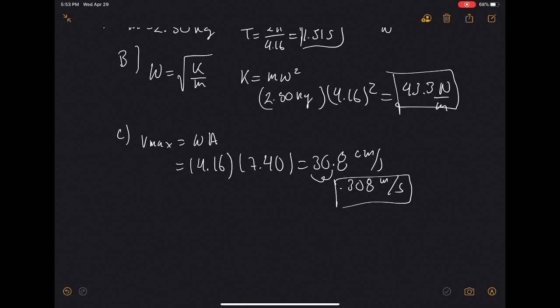For part D, it's asking to find the maximum magnitude of force on the mass.